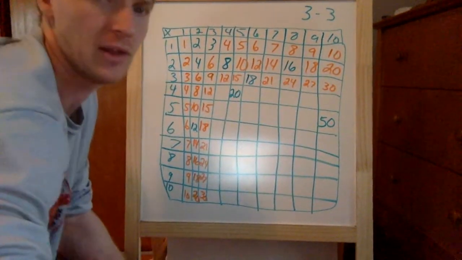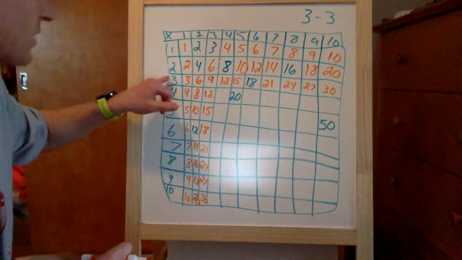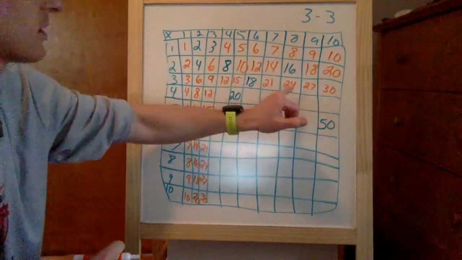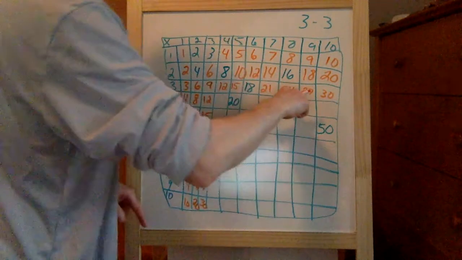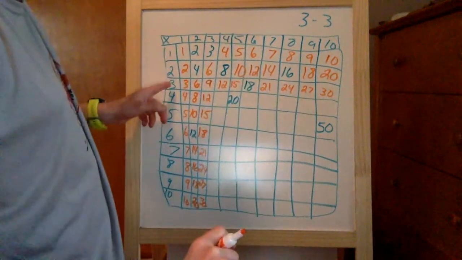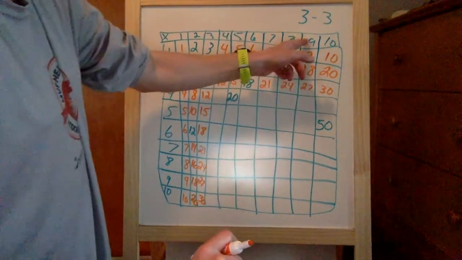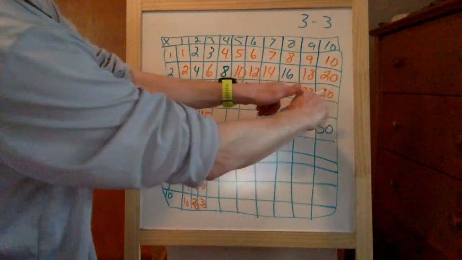Okay? And then, like I said, in order to use this, if I say what's 3 times 8? Wherever they meet up, 24. Okay? 3 times 9, wherever they meet up, 27.